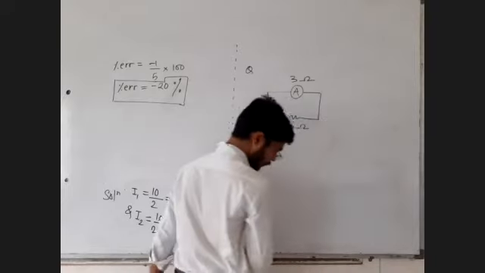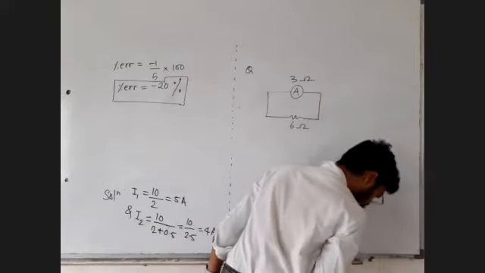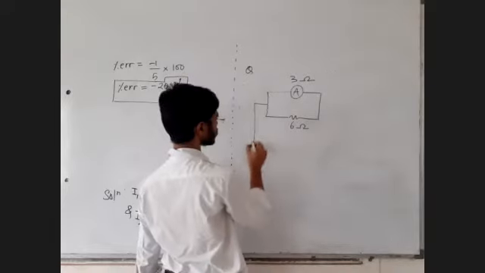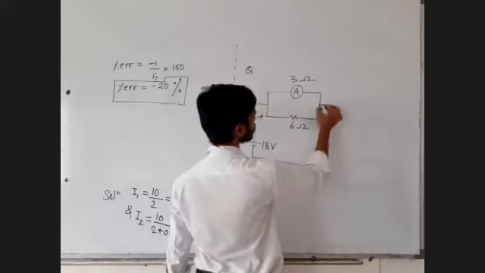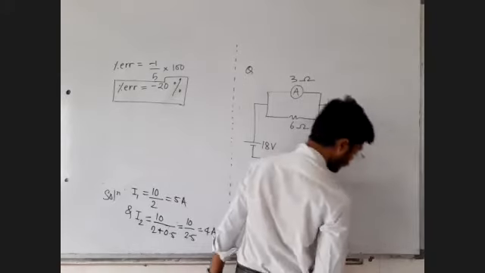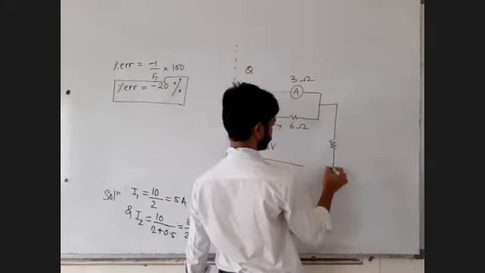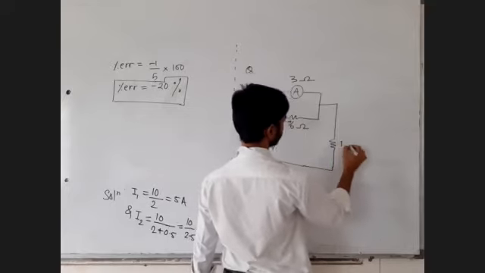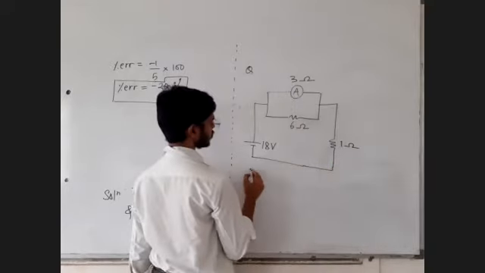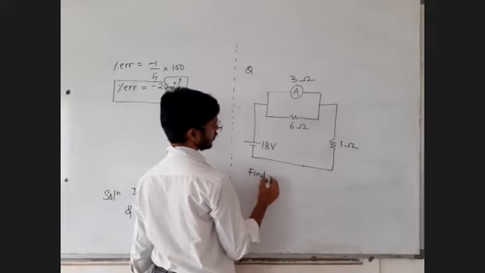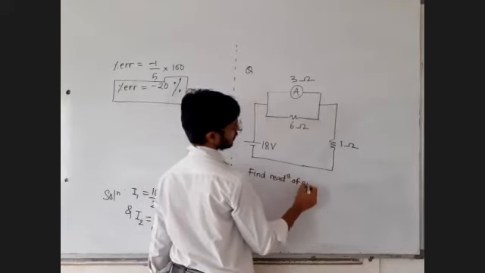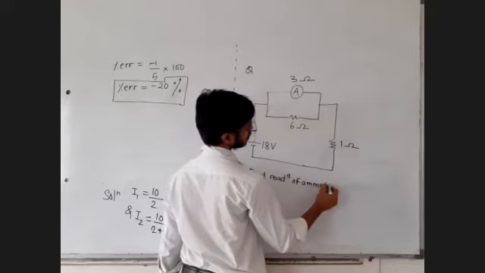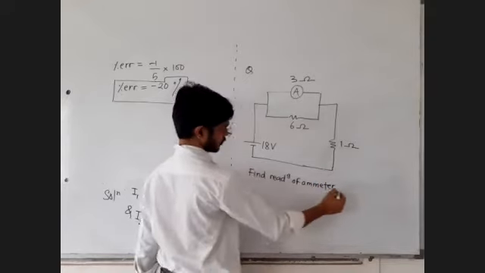There is a battery of 18 volt. There is a resistance of 1 ohm. Find the reading of the ammeter.